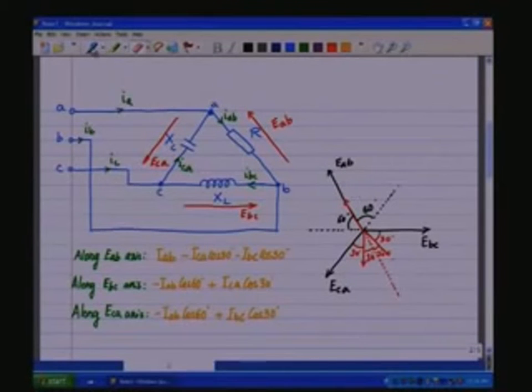So, we have root 3 I, this is I and this is I. So, this is equivalent to saying that we have in this direction root 3 I by 2 in the minus direction, plus I_CA, I cos 30, that is root 3 by 2 into I.